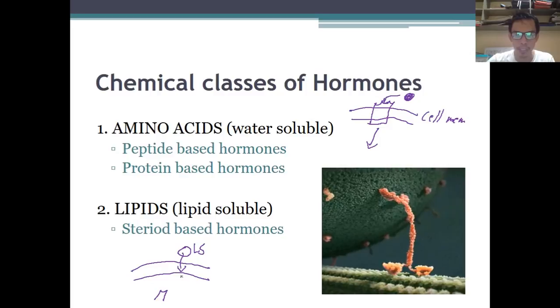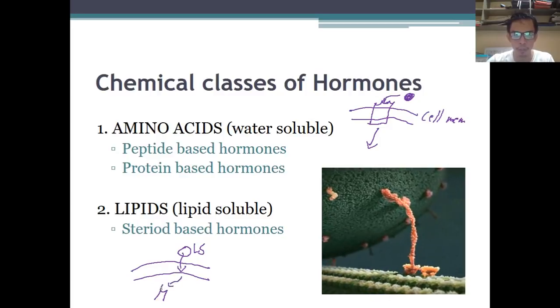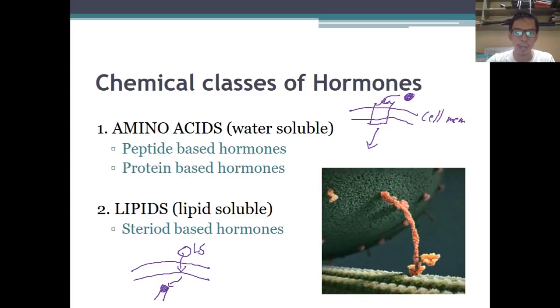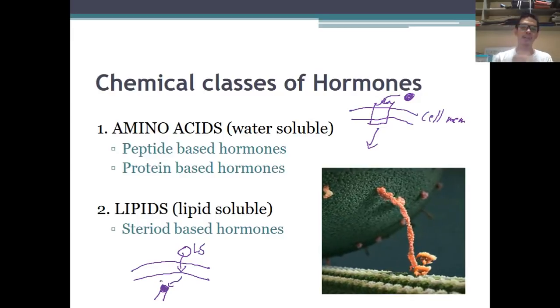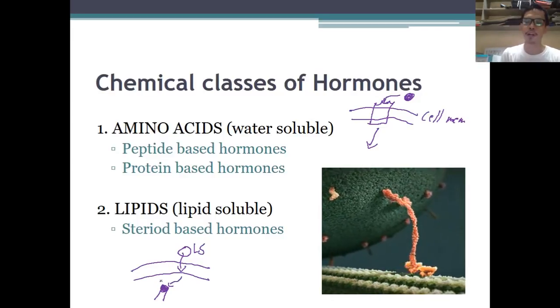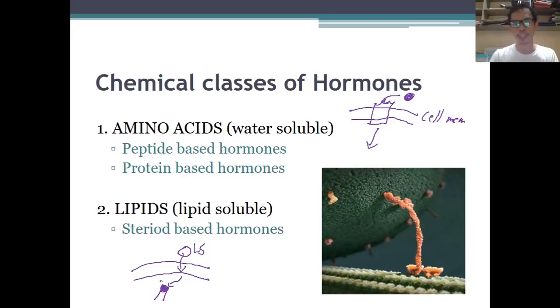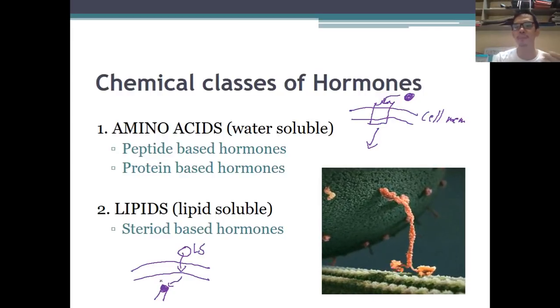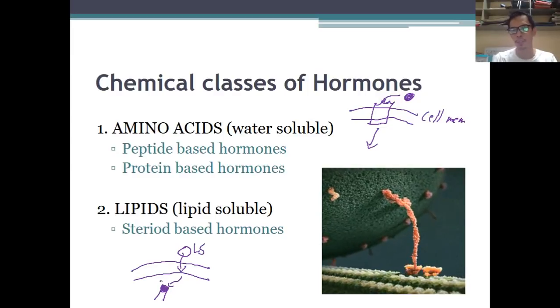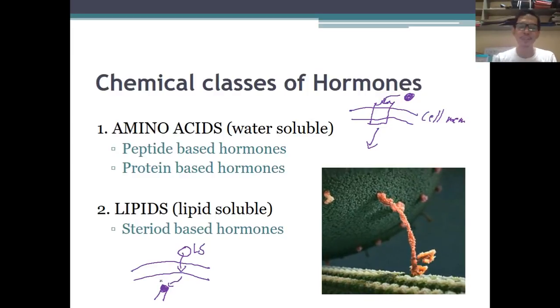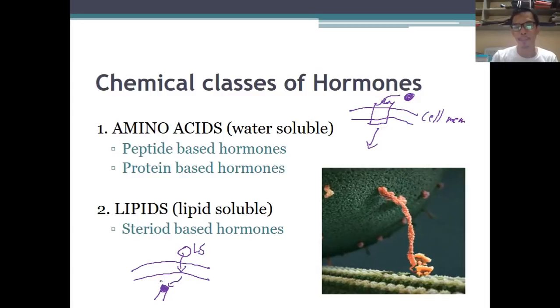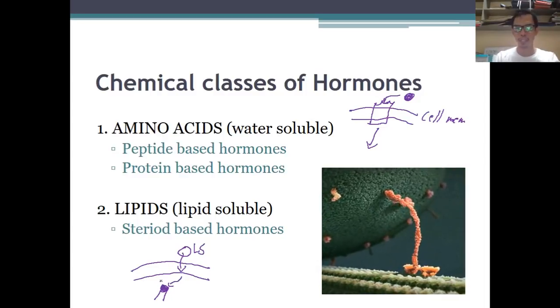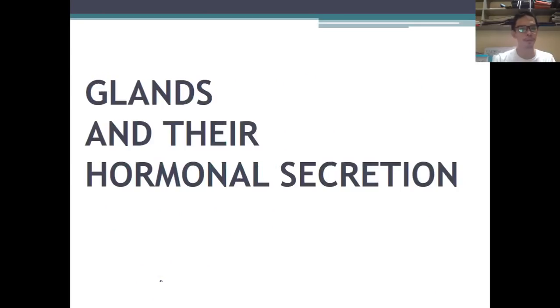Once the hormone enters, it goes to that receptor, binds to it, and then does its effect on that certain cell. So again, there are two kinds of hormones, water soluble and lipid soluble, and it depends on how they interact with the cell membrane. That's it for the chemical classes of hormones.